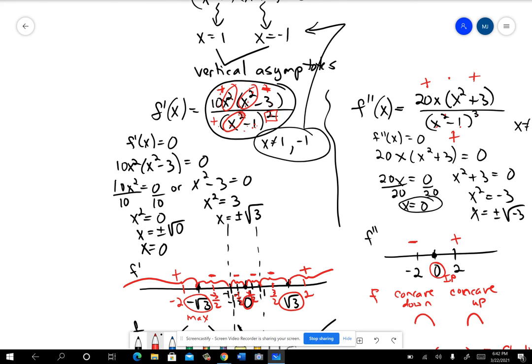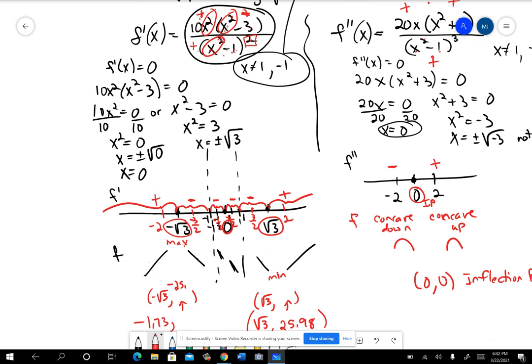So I got it being a max. I got that being an inflection point. I got that being a min. What happens when I plug in square root of 3? Oh, it could be okay.